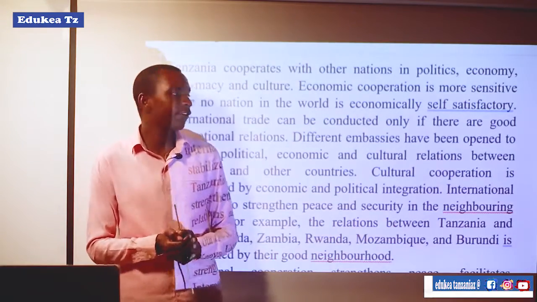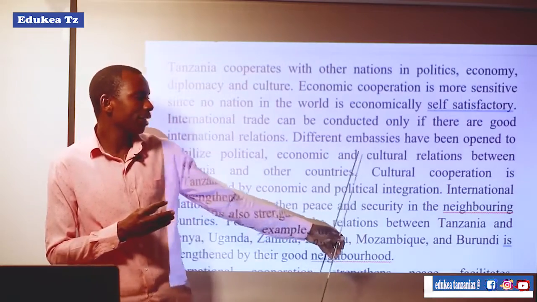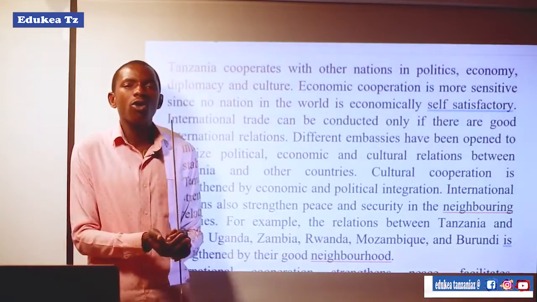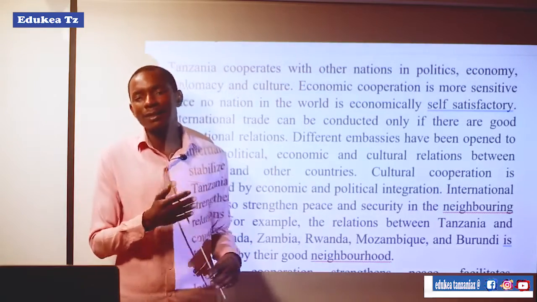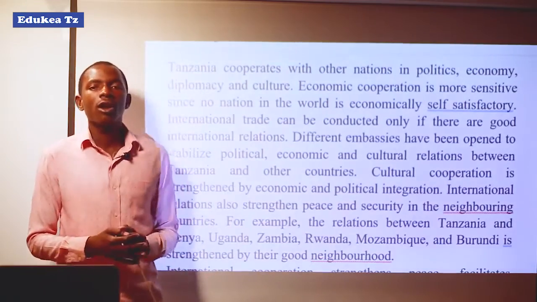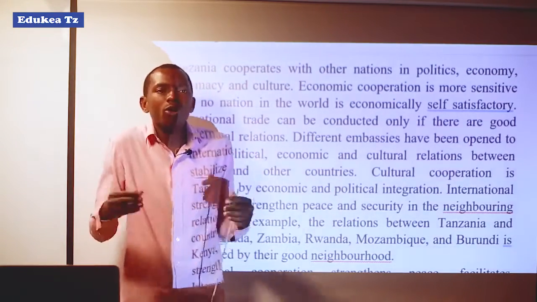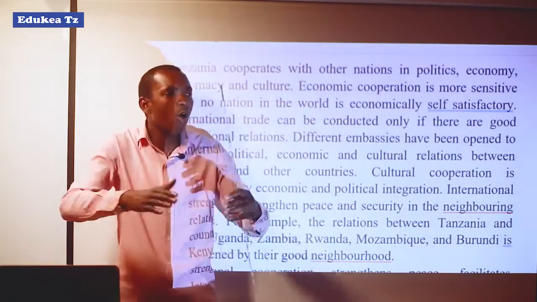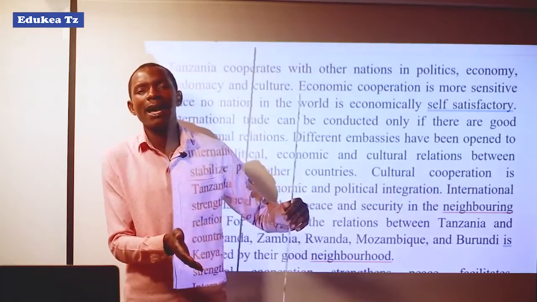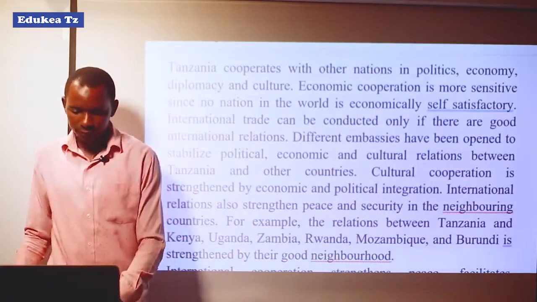The major aim of establishing these embassies is to build relations and cooperate with other nations in all aspects of life. You cannot build your nation by closing yourself in a room. You have to open several boundaries. You have to create friendship with other nations so as to build your economy.